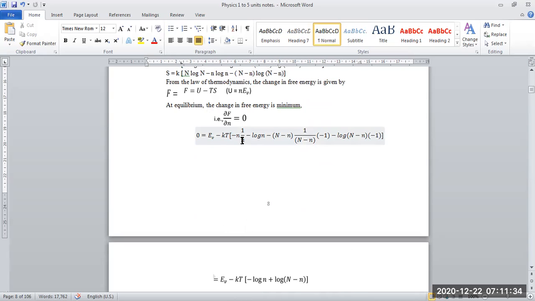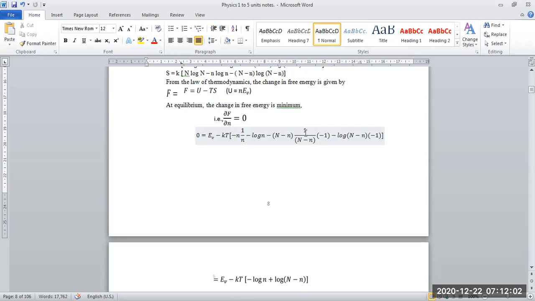This n and this n get cancelled, right? What is remaining here? Minus 1. Now I will just keep this minus 1 as it is. Now here capital N minus small n and capital N minus small n. Clear everybody? This term and this term get cancelled.